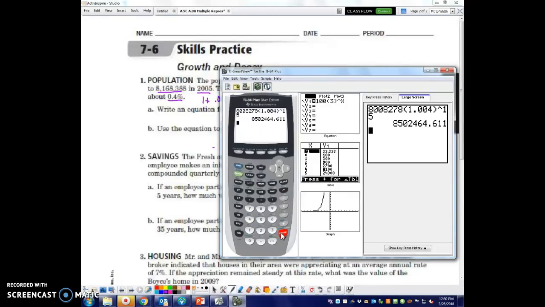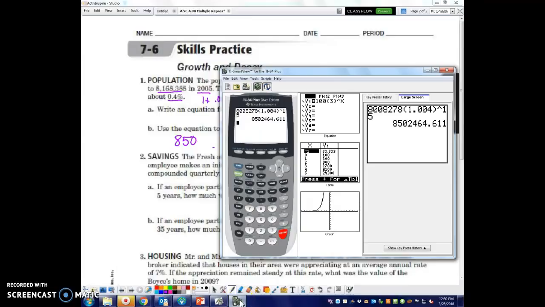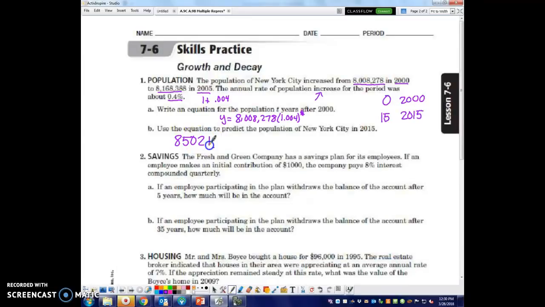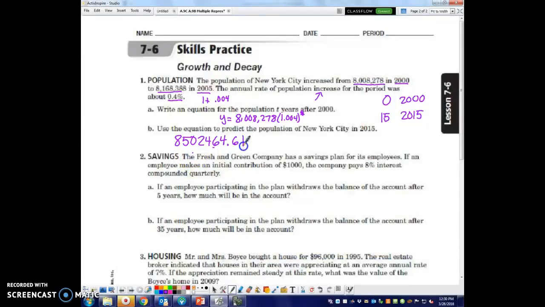That's your population. 8,502,464, and we can round it to 2 decimal places, 0.61. Okay? So this is going to be the population predicted in 2015.